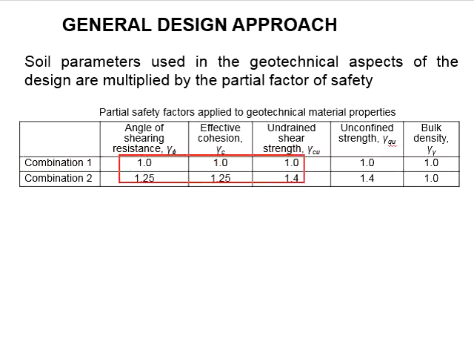These are the partial factors of safety for the angle of shearing resistance, for the effective cohesion, for the undrained shear strength, for the unconfined shear strength, and also for the bulk density. Combination 1 has partial factors of safety of 1.0, and combination 2 has 1.25, 1.25, 1.4, 1.4, and 1.0.